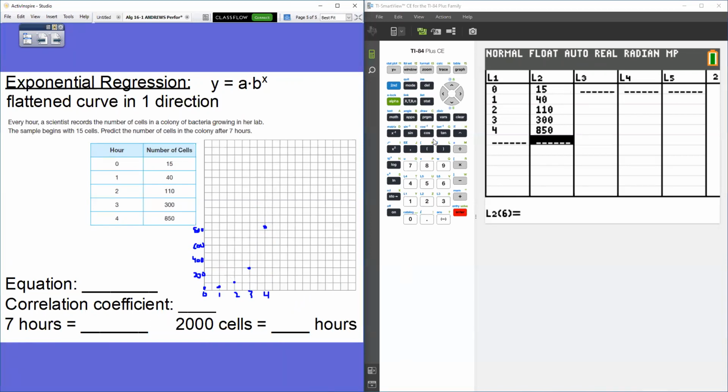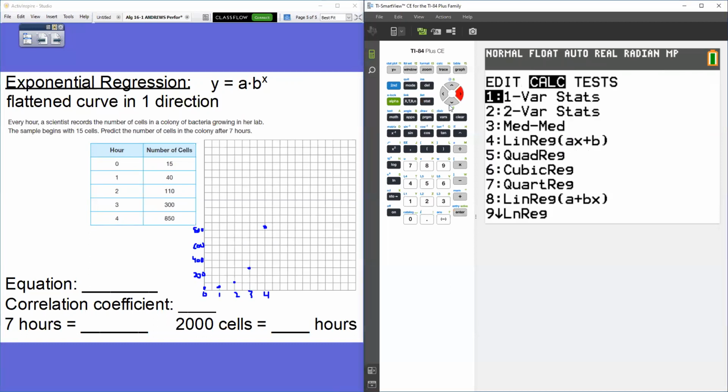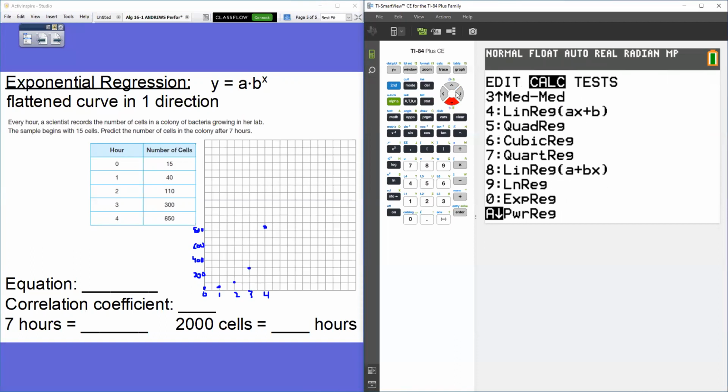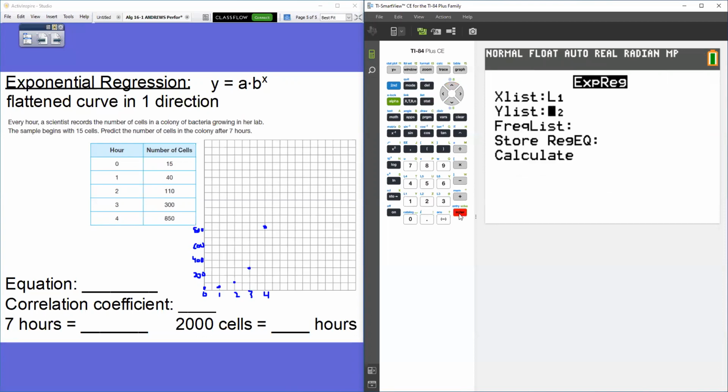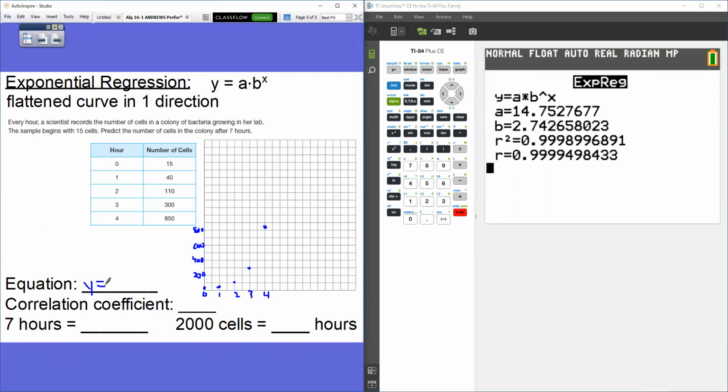So now that I have that exponential curve, I'm going to go to stat and calc. Remember, 0 is for exponential regression. So I got to go all the way down to 0 and hit enter. I'm using my L1 and L2 so I can go down to calculate. And it gives me what I need to type in. Again, to the nearest whole number, we're going to have y equals.